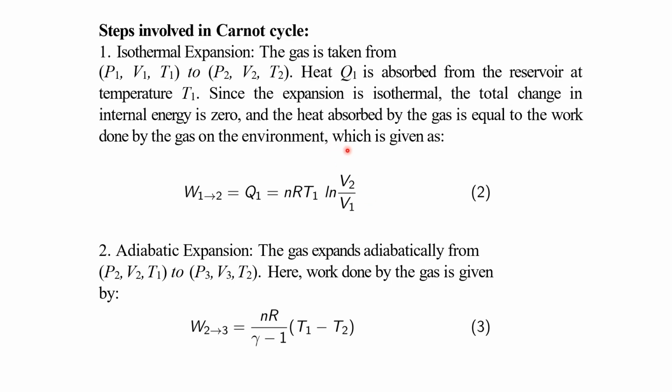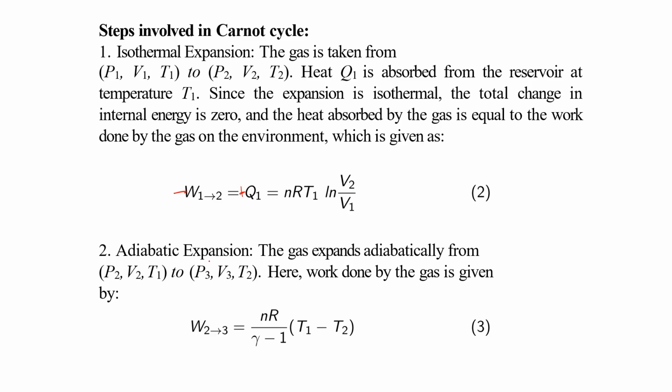The heat absorbed by the gas is equal to the work done by the gas on the environment with a negative sign. So minus W12 is plus Q1, which gives nRT ln V2 by V1.